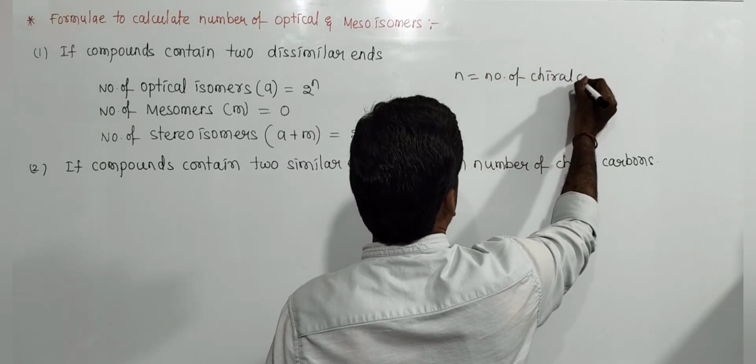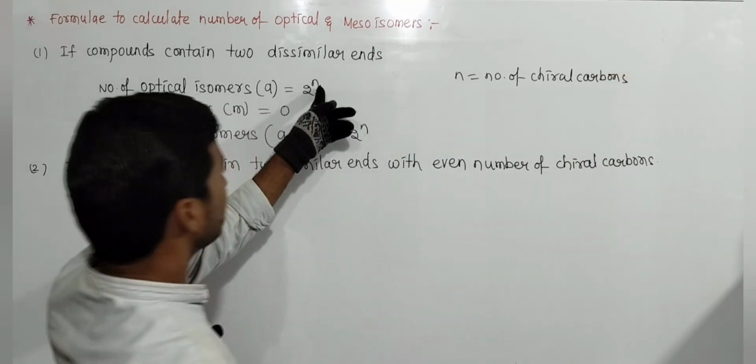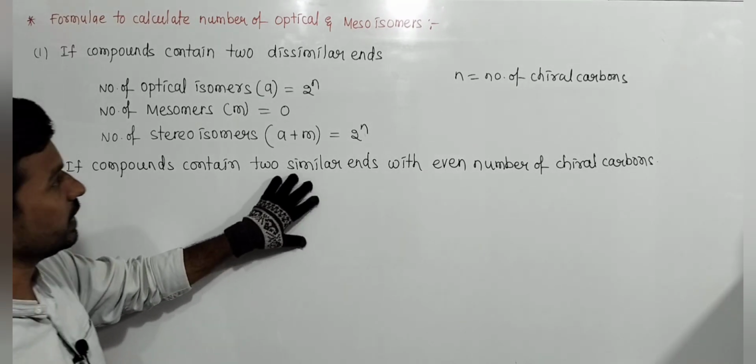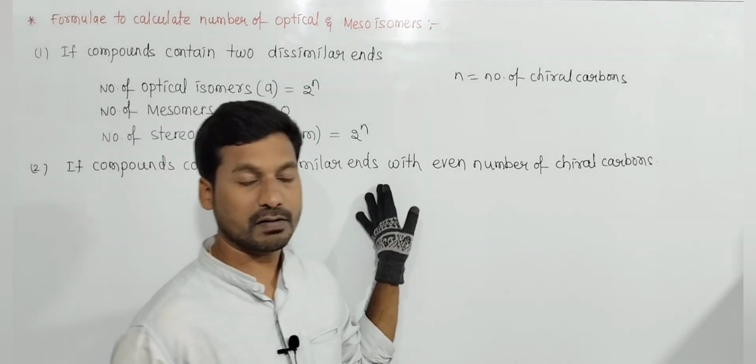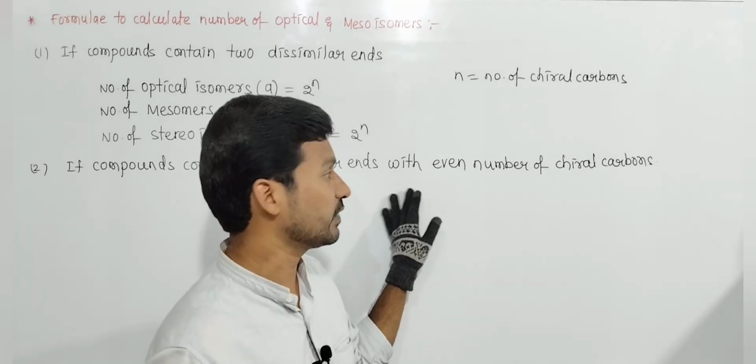Here n is equal to the number of chiral centers. If a compound contains dissimilar ends, use the earlier formula. If a compound contains similar ends, then again there are two conditions: an even number of chiral centers, or an odd number of chiral centers.